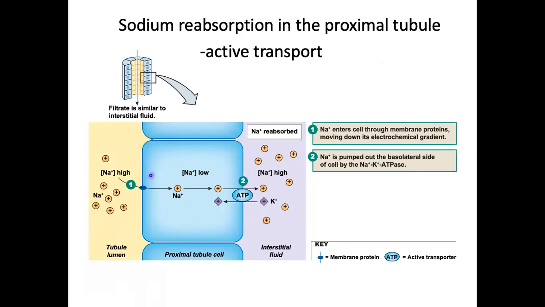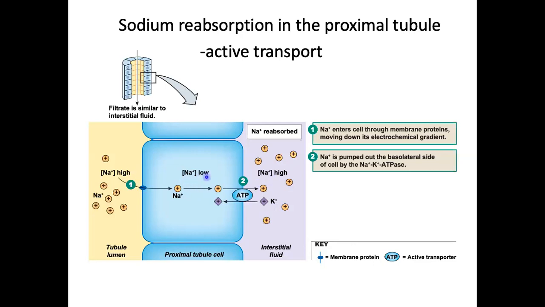Here is the apical membrane of the cuboidal cell. So notice that you have a sodium-potassium pump. It's going to kick out 3 sodium. So sodium's high in the interstitium and drag in potassium, 2 potassium. So this makes sodium low in the cell and sodium high on the outside.